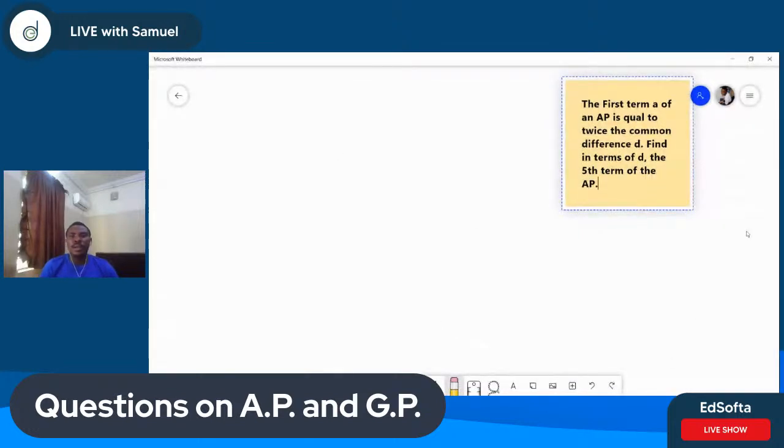Okay, the first term A of an AP is equal to twice the common difference D. Find in terms of D the fifth term of the AP.